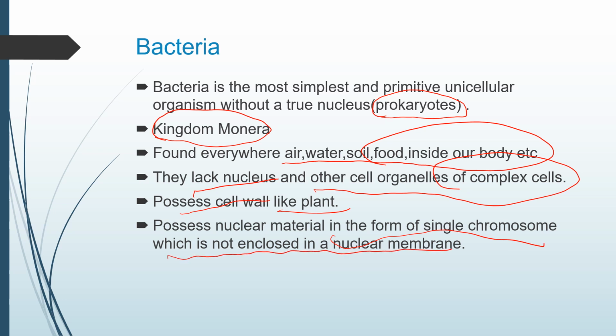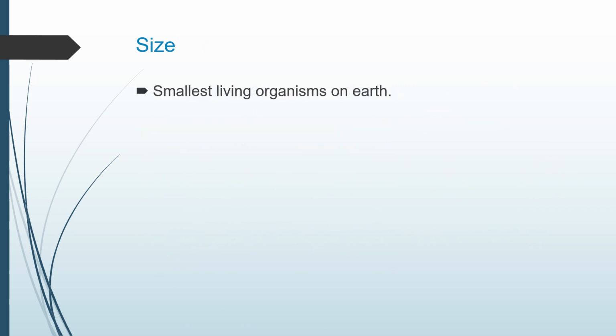It is open nuclear material, not enclosed by a nuclear membrane. When I show you the structure of bacteria, you'll understand how this single chromosome is not enclosed with a nuclear membrane.